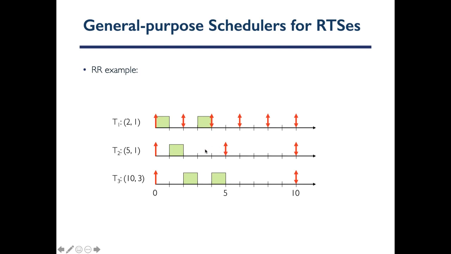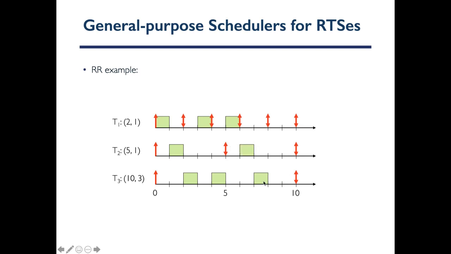This second one doesn't have any new job because it only needed 1 execution time unit during this period, and we've already finished it. So there is no job left for T2. We just jump to T3 and do 1 unit of T3 here. Now at this point, we go up again. A new job of T1 has come, and we can execute it. T2 also has a new job, so we can execute it.